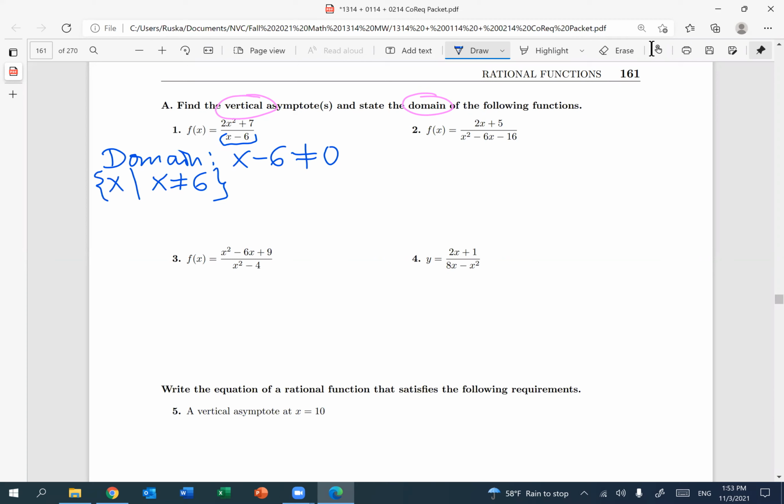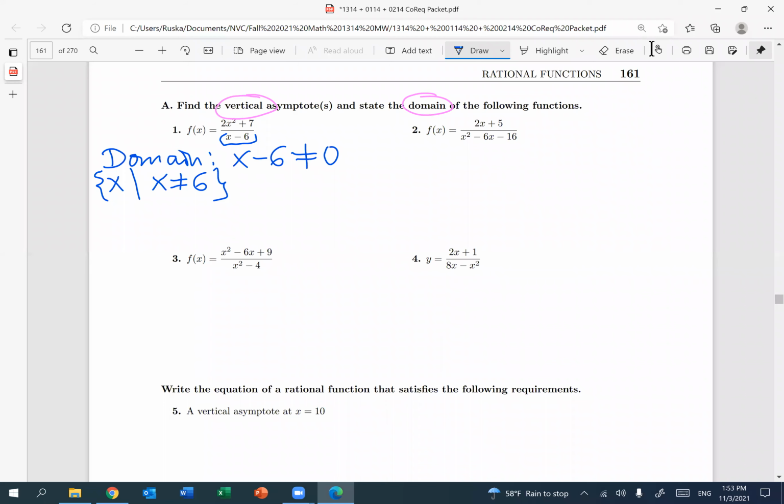Okay, that's the domain. That means the function is going to have a graph everywhere but at 6, because when x is 6, you're going to get an undefined value. So you don't have a function there, you don't have a point there. The graph doesn't go to 6. When x is 6, there is no graph.